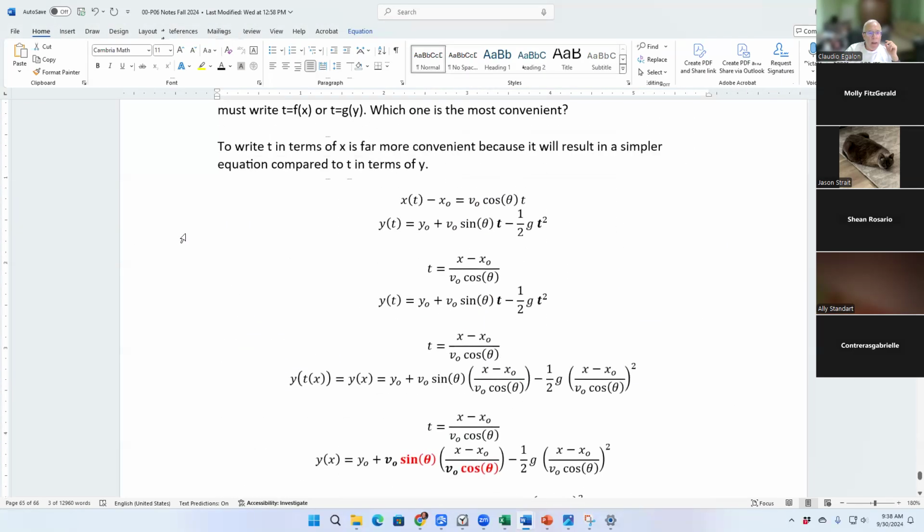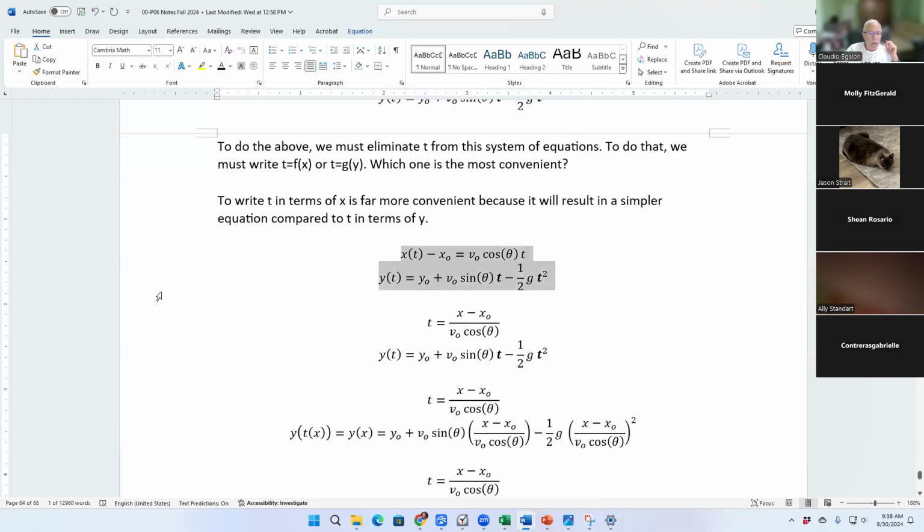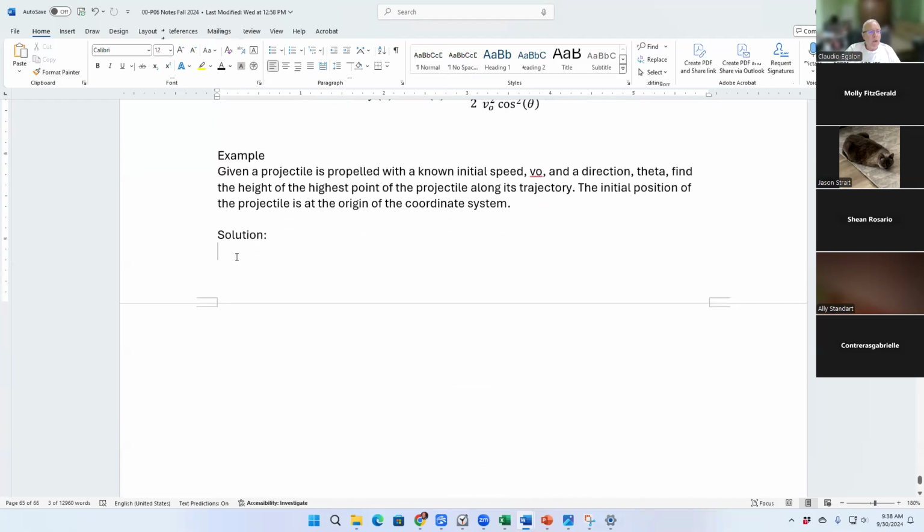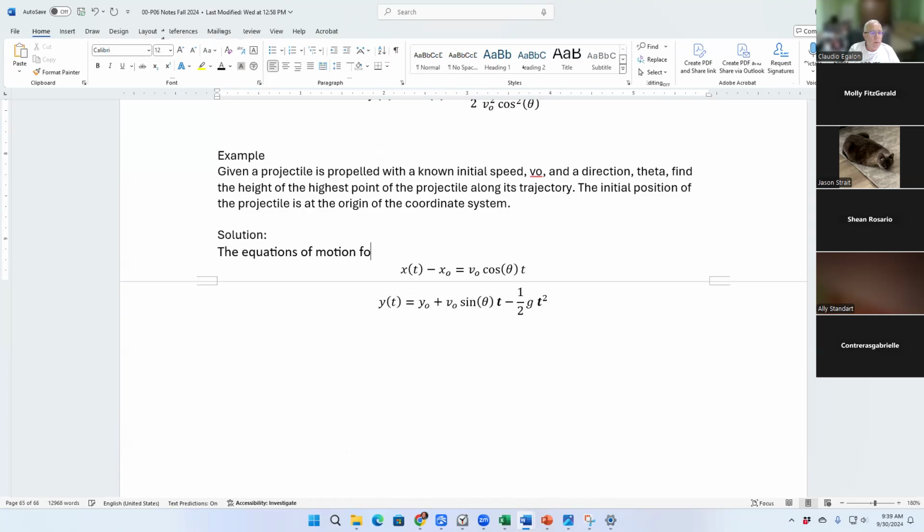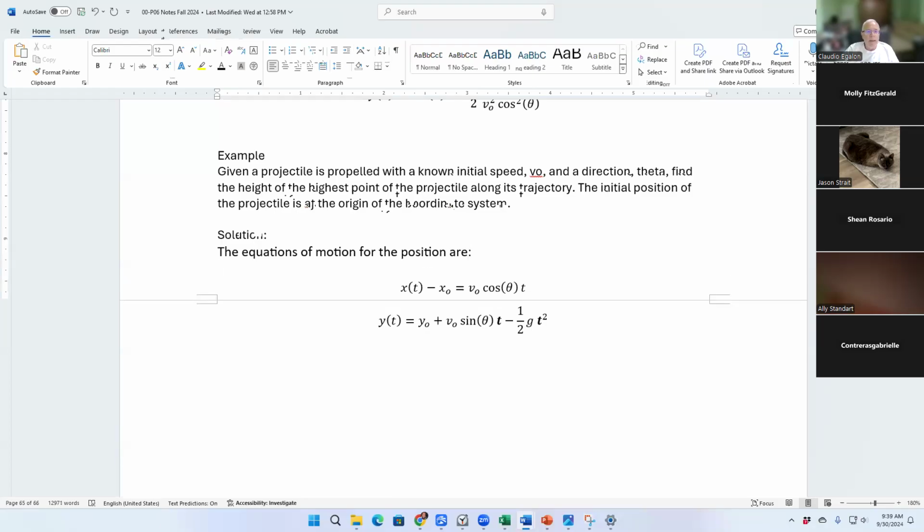Okay, we're going to go back to our equations of motion here. And remember what I told you, right? Here, the equations of motion for the position are that.